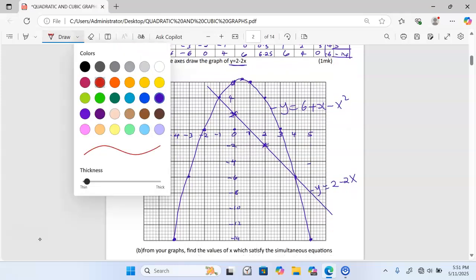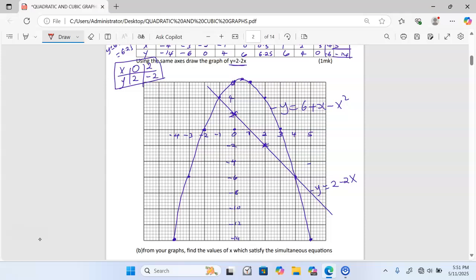Remember, the solutions of the 2 is where the 2, that is the curve and the line, intersect. But we are going to move and read the values on the x axis. That is how we do this.